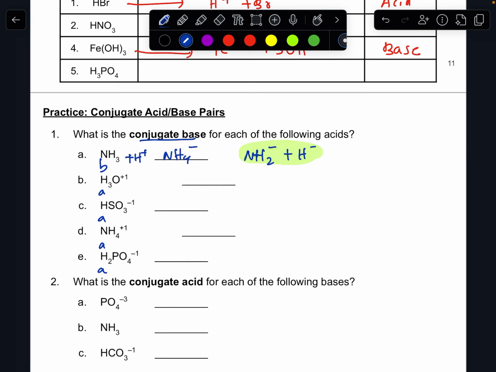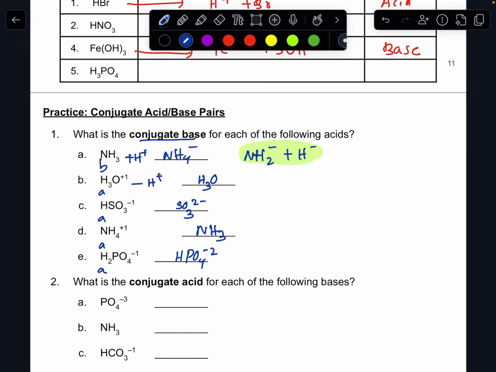So if it is an acid, it will remove a hydrogen, it's not electron, hydrogen. So this will form H3O. After removing this will form SO3 2 minus.